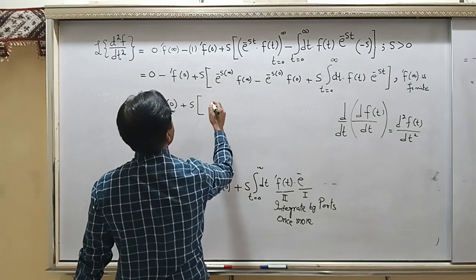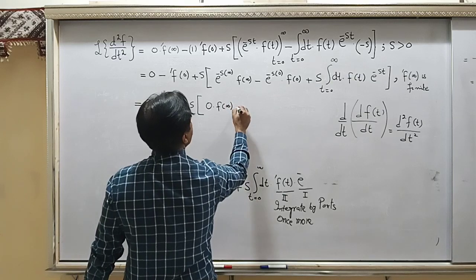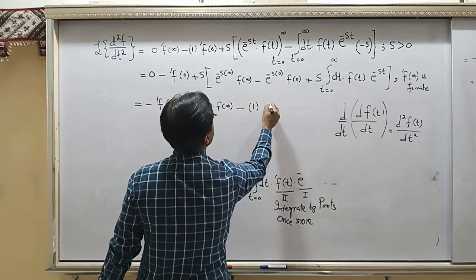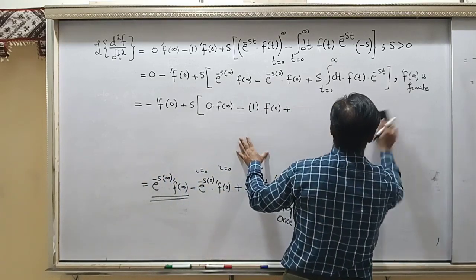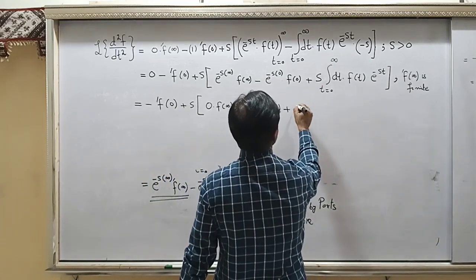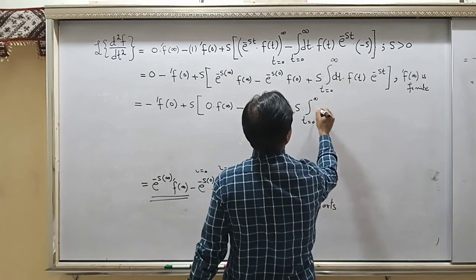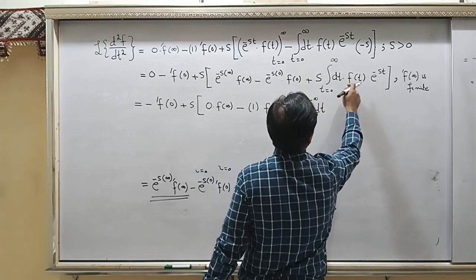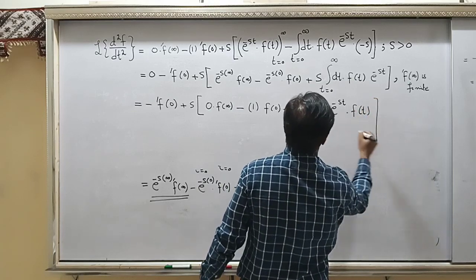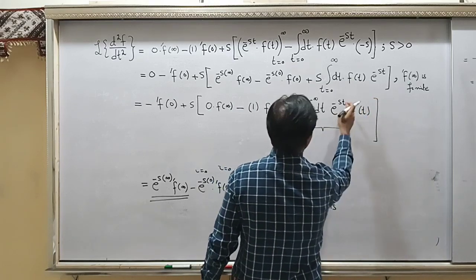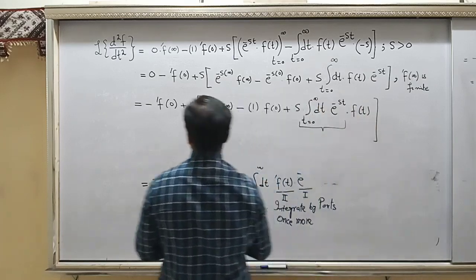This is e to the power minus infinity, again 0, into f infinity, minus this is 1 into f 0, plus s, and with a little rearrangement, the integral of dt, kernel first into f(t), and this is your L acting on f(t), meaning this is the Laplace transform of f(t).